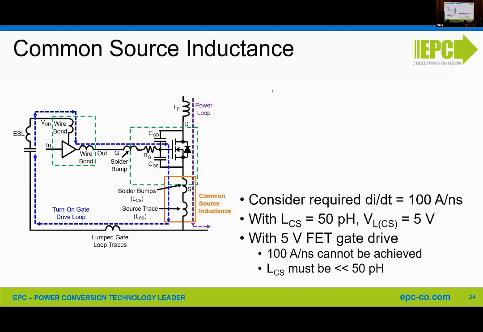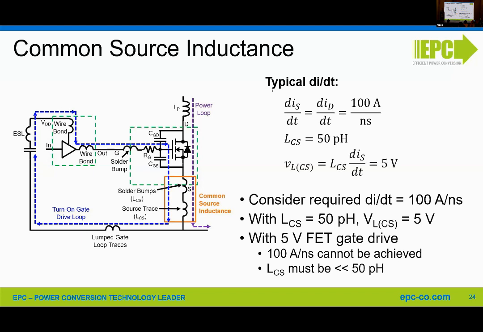Now, if your drive voltage is 5 volts and your common source inductance voltage is 5 volts, you have no potential to charge the capacitor. So you can never get to your desired 100 amps per nanosecond. You have to do better. The typical di/dt is about 100 amps per nanosecond, and 50 picohenries gives you 5 volts of drop, which is not a good way to do it.